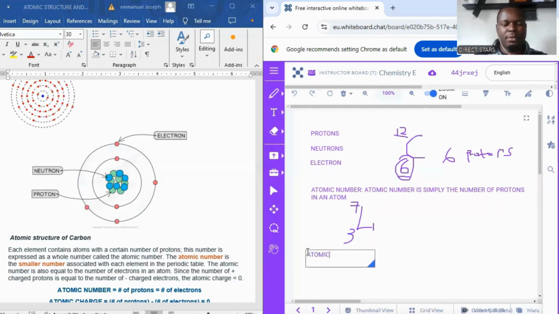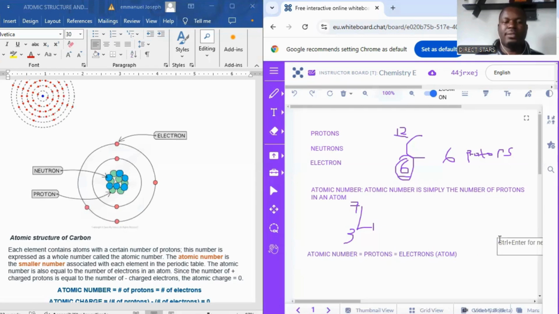Atomic number is equal to the number of protons and also equal to the number of what? Electrons when we are looking at what? Atoms. Okay? So in an atom, that is what we have. We have protons equal to electrons.